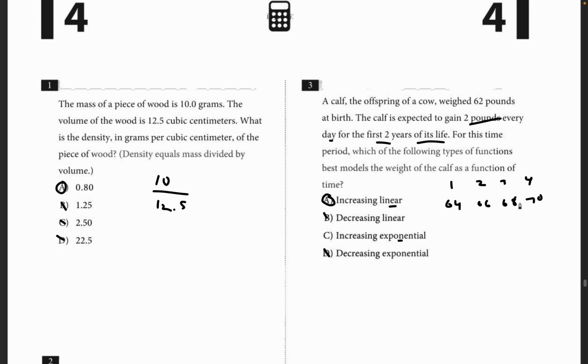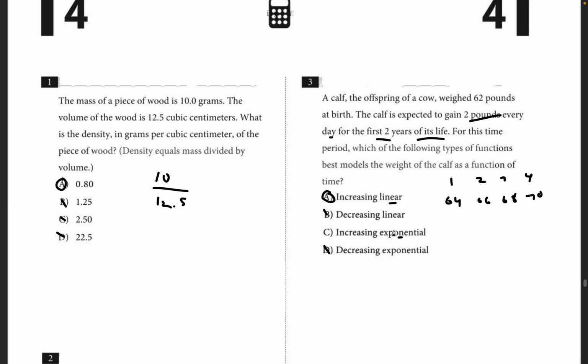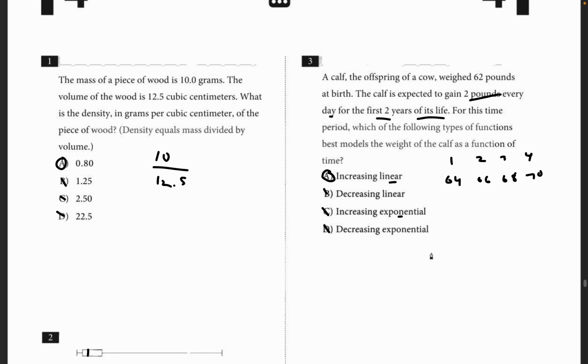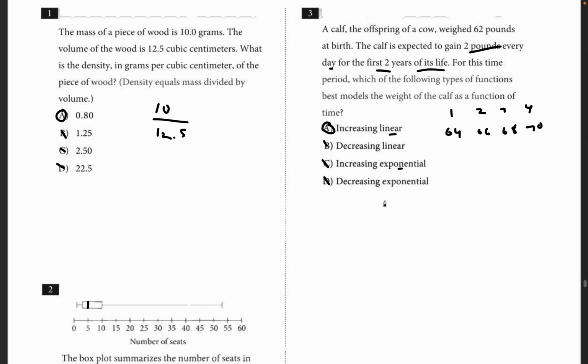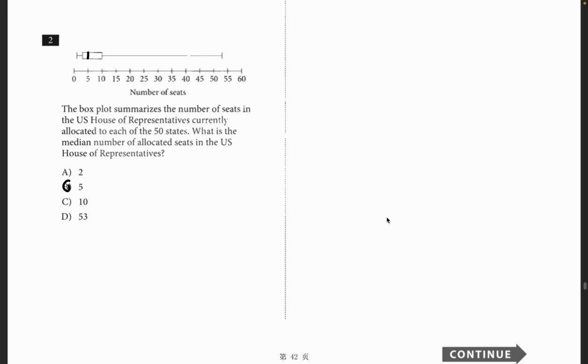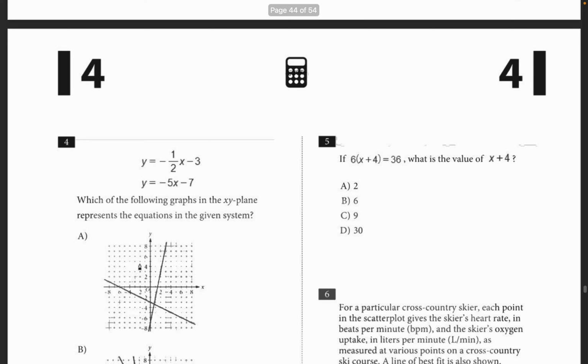It's going to keep going up at the same rate, so that's why it's linear. Exponential would be like 64, 70, 80, whatever. It keeps going up and up, not at a constant rate.